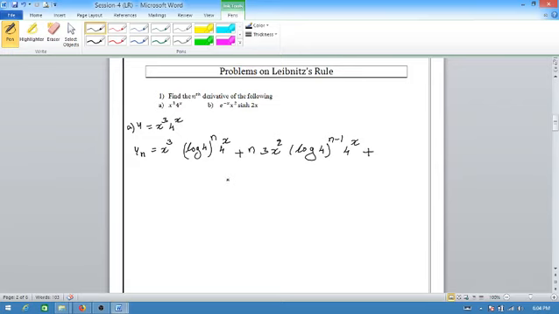Now nC2 is n(n-1) divided by 2 factorial.